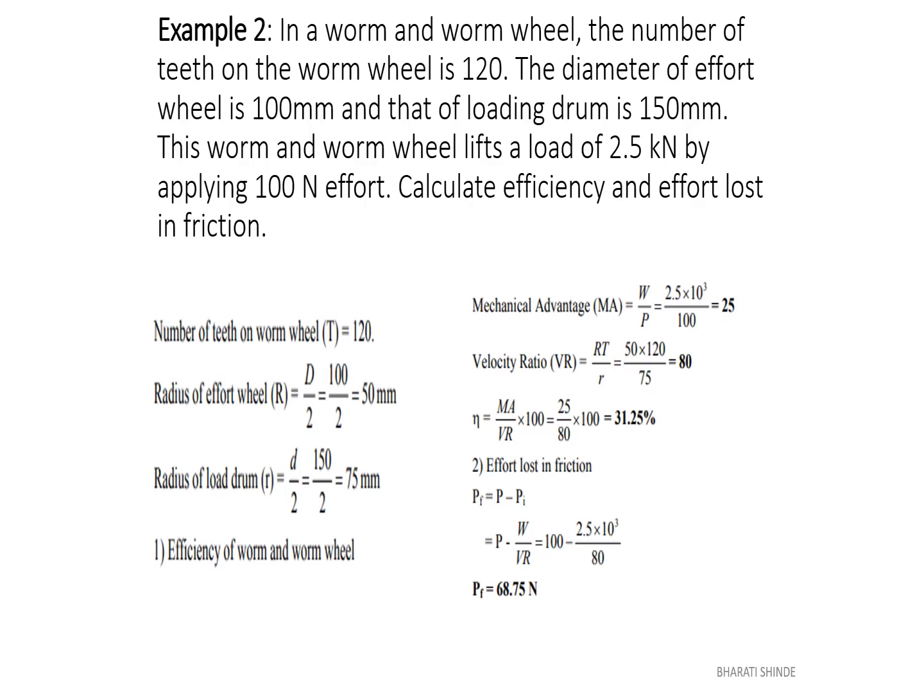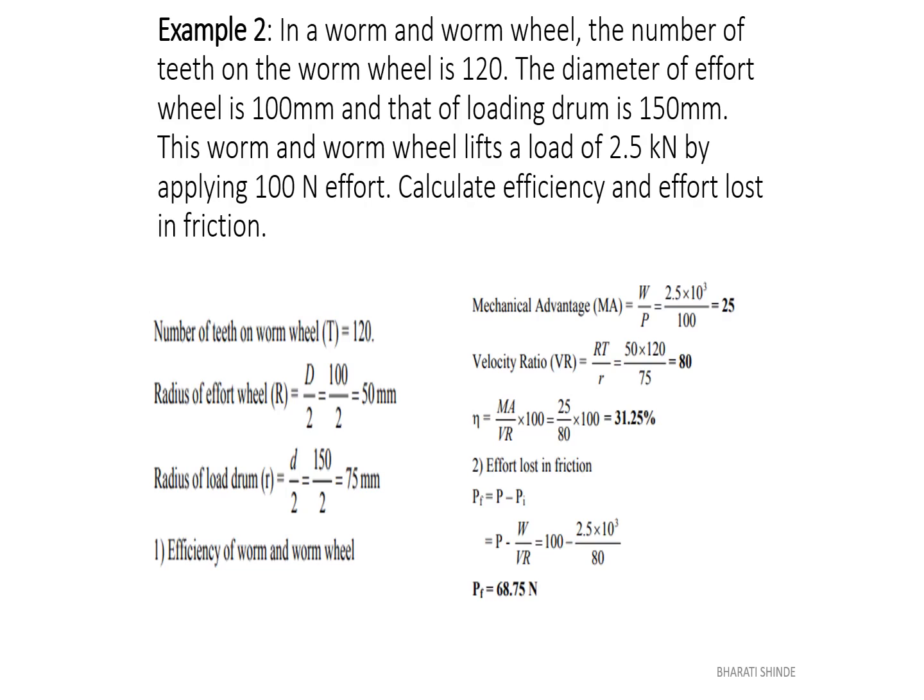So this is the example of worm and worm wheel. So apply the formula which are given for worm and worm wheel. So number of teeth on worm wheel, which is given as 120. Then radius of effort wheel, which is diameter by 2. It is 100 by 2, 50.